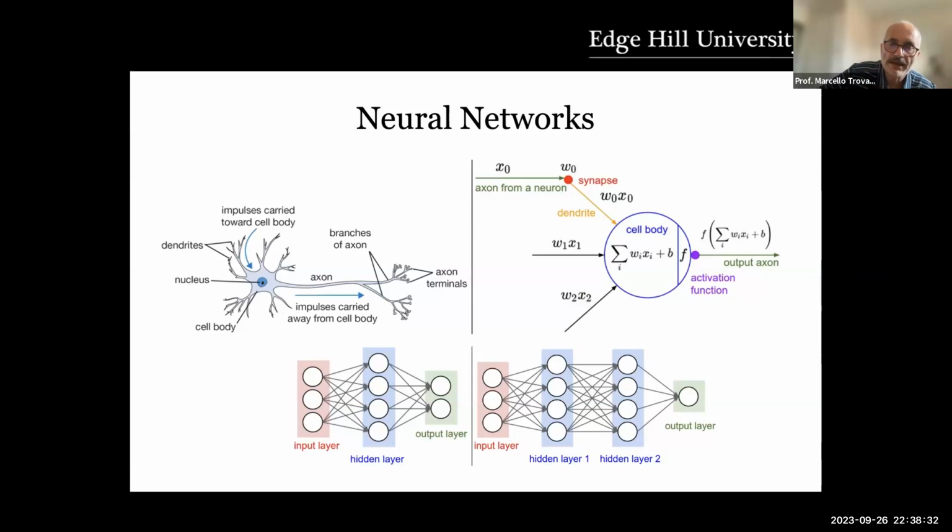Neural networks, as the title suggests, are based on how, or at least how people think, the neurons in our brain work. And they're very, very simple entities. If you look at the right-hand side, we have our neuron, we have inputs. And when we talk about inputs, we always talk about numbers.